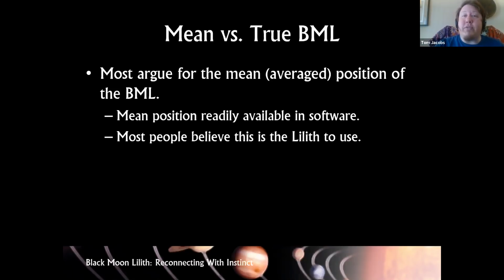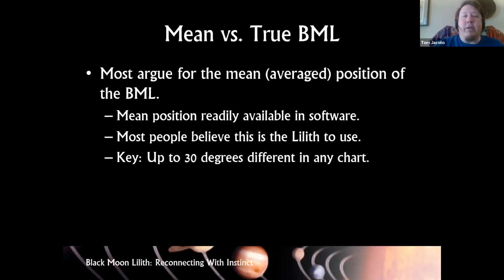It might even be the default if you choose Black Moon or Black Moon Lilith. And most people believe this is the Lilith to use. Let me point out that it's up to 30 degrees different in any chart. It could be a degree or two. Mine's like 5.5 degrees different. But it could be up to 30 degrees different in any chart.